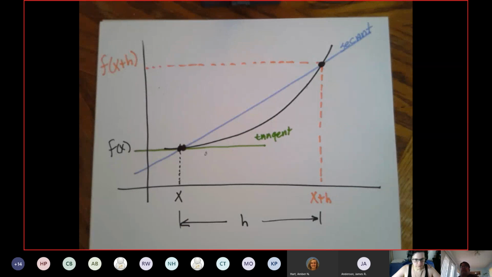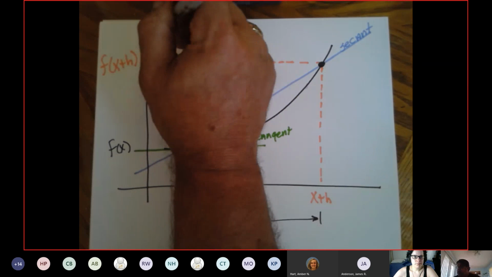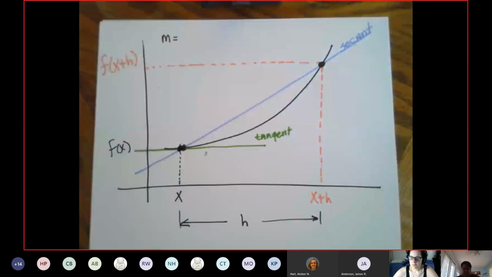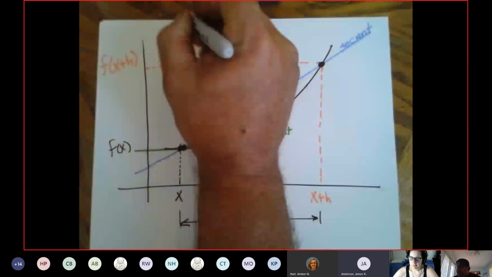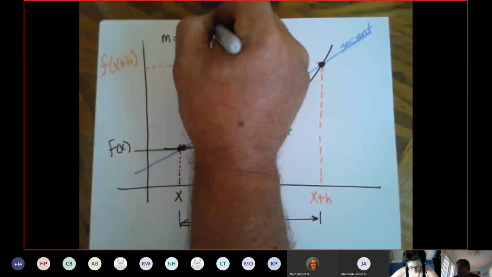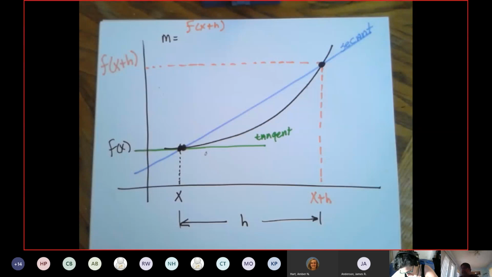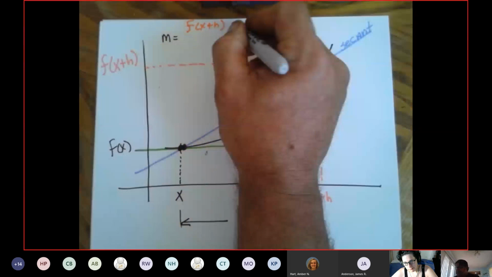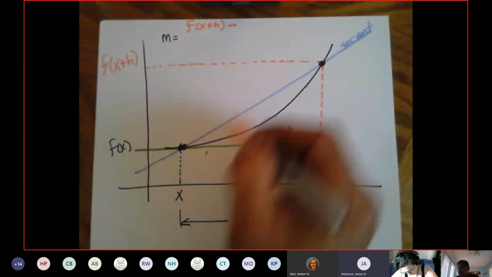Somebody tell me what's the secant. Tell me, come on, hurry up, let's go. I ain't got time. F of x plus h, come on. Minus f of x over h. x plus h minus x. Good job. You are the man. So m is equal to, I'm gonna use my colors, f of x plus h, which is your y sub 2, minus f of x, which is y sub 1.